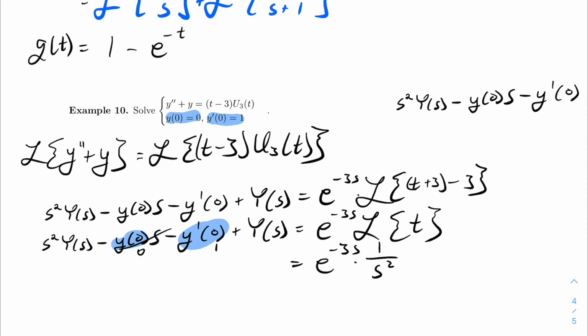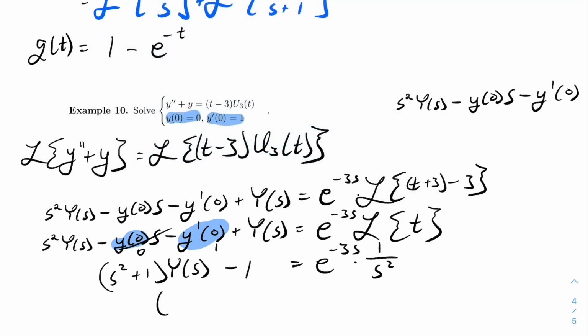So we could factor out a capital Y of s from this term and this term. So we get s squared plus 1 times Y of s, and then minus 1 from there equals this.